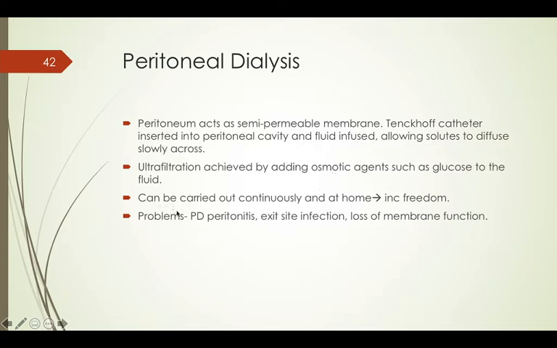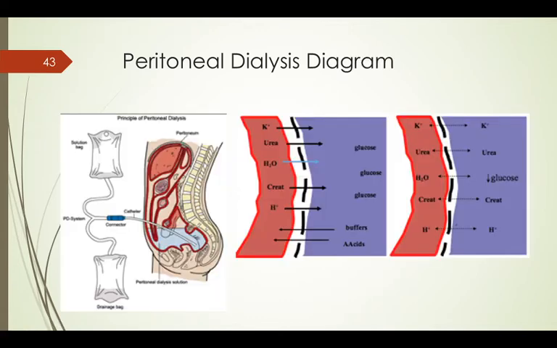The problems associated with it include peritonitis, so it's a tunneled insertion that we're using to put the PD catheter in, so there can often be an infection there, and the peritoneum can often lose its membrane function. So just a diagram here to demonstrate what we've talked about.